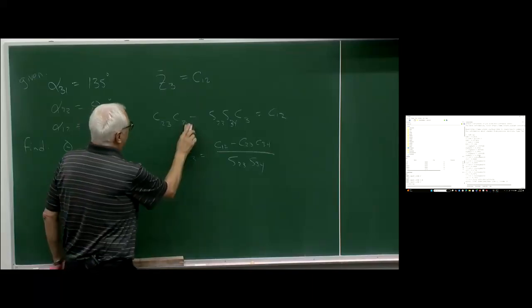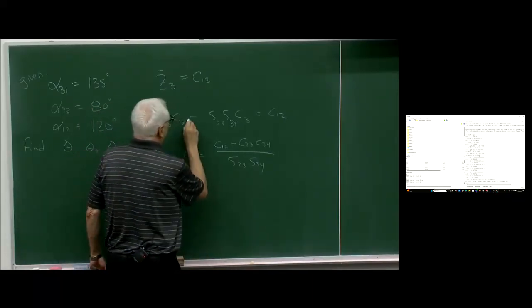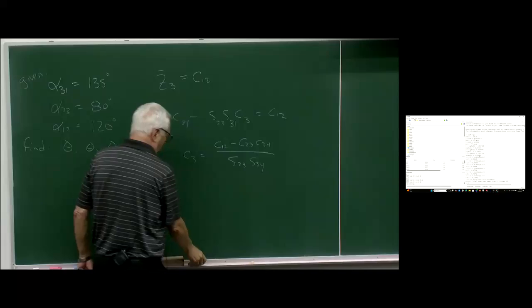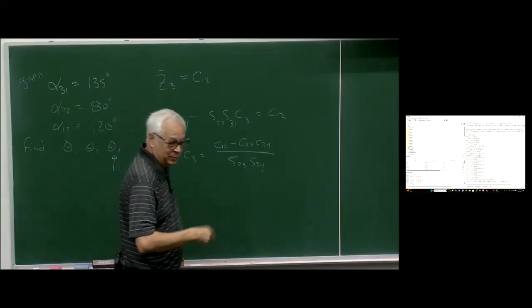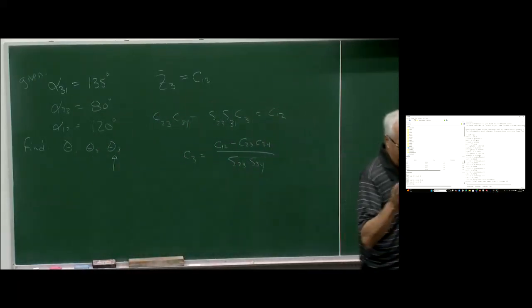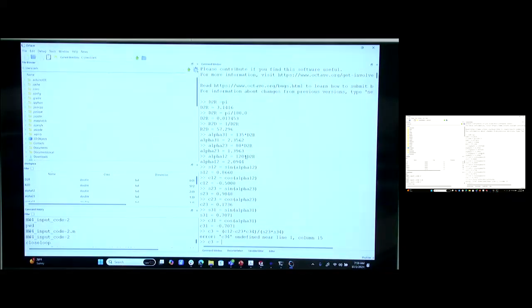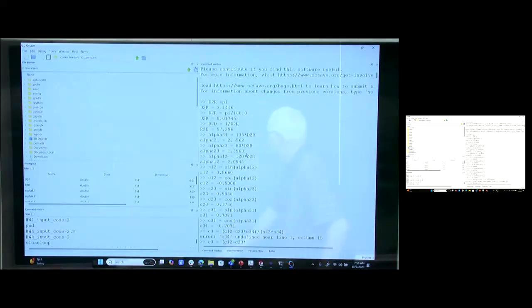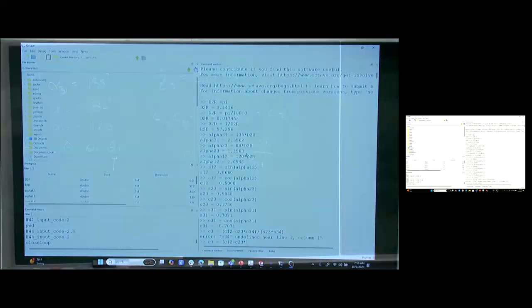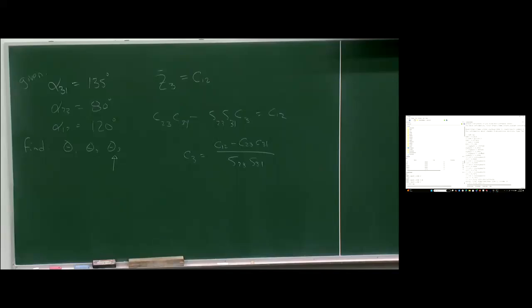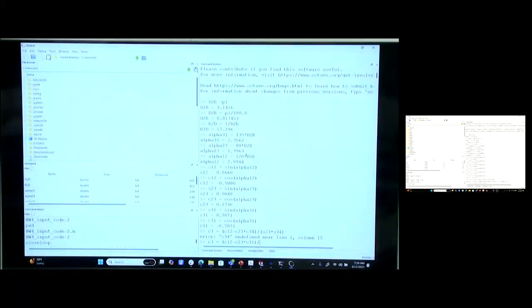What comes after 3? 1. If I was dishonest, I would have said I did that on purpose so that we all learned, but no, I messed up. So I've got to change C3 to C12 minus C23 C31 divided by S23 times S31.